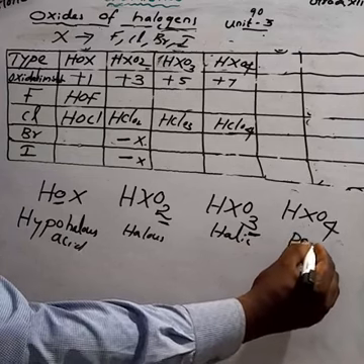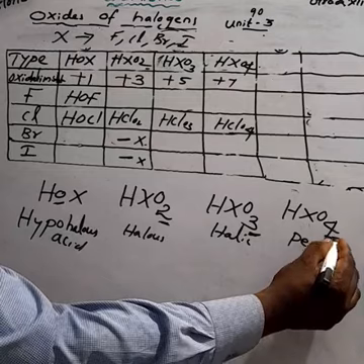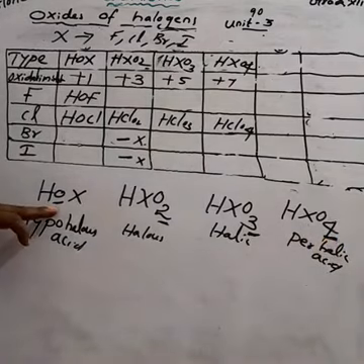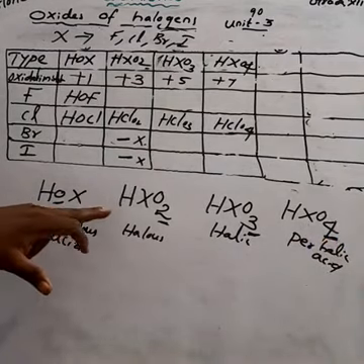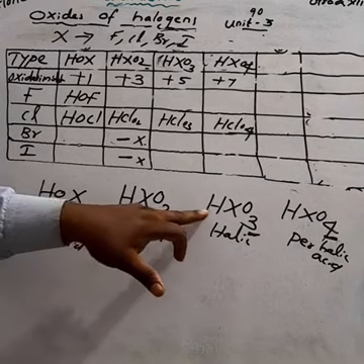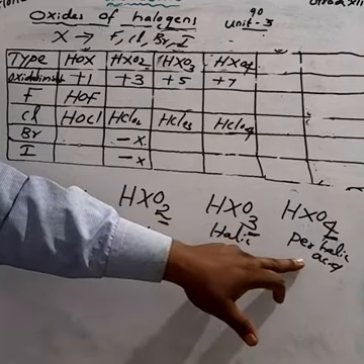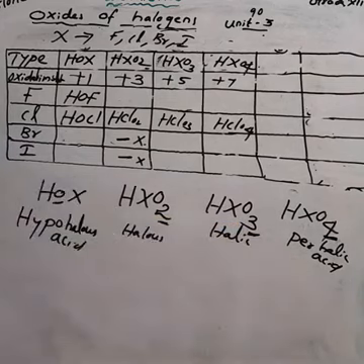And perhalic acid contains 4 oxygen. Don't forget that. Hypohalous acid contains how much oxygen? Only 1 oxygen. Halous acid contains 2 oxygen, halic acid 3 oxygen, perhalic acid 4 oxygen.